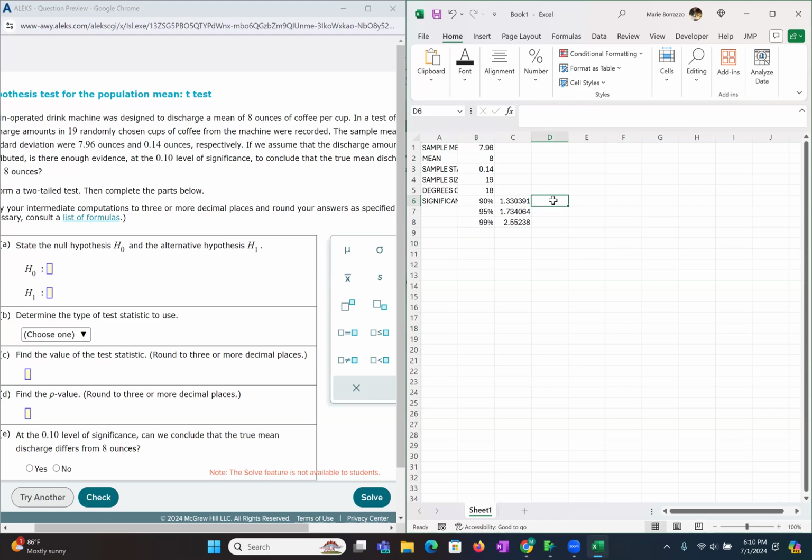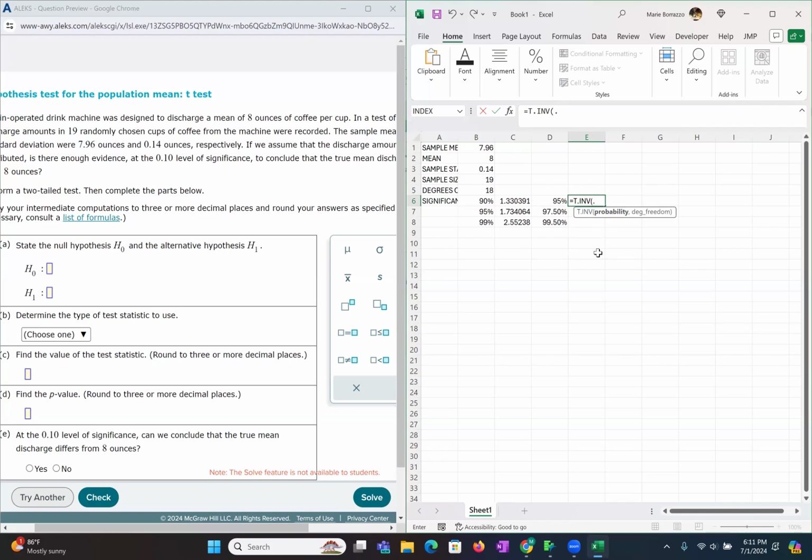So I'm going to say this is 95%. This is 97.5%. And this is 99.5%. And here, we're going to say equals t inverse. Double click.